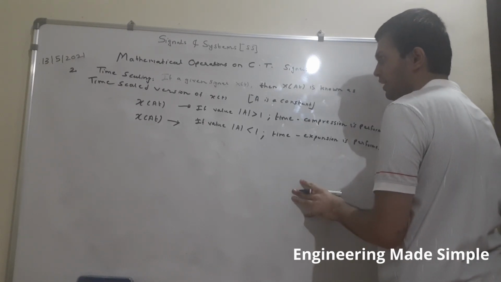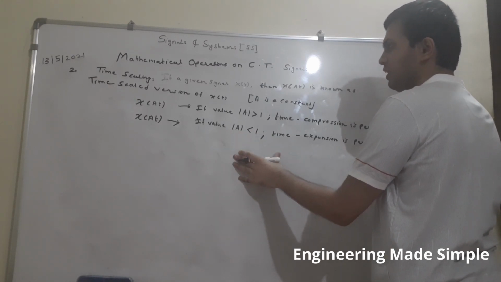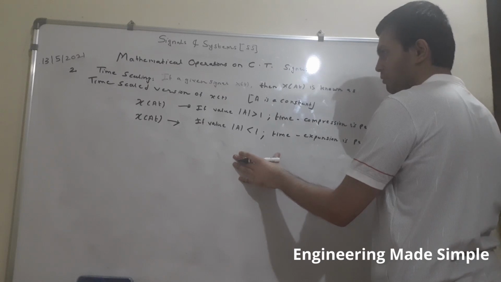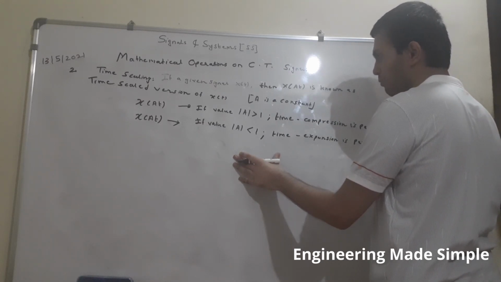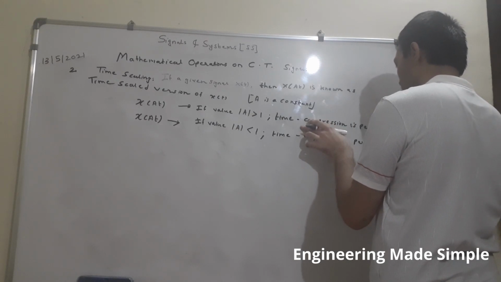Now let us understand these two types of time scaling with the help of an example. Whenever the value of the constant which is multiplied to the independent variable time is greater than 1, then we say time compression is performed.